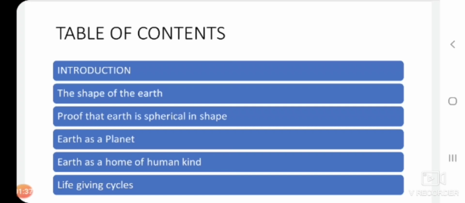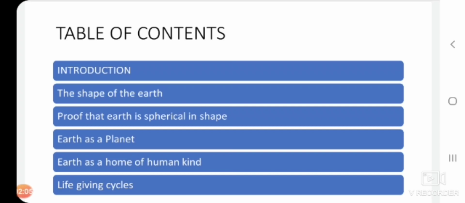Yes children? Okay. Earth is the only planet which supports life, and from space, if we look at it, it appears to be blue. Can you guess why it is? Yes children, it is only because 70% of its total area is covered by water.